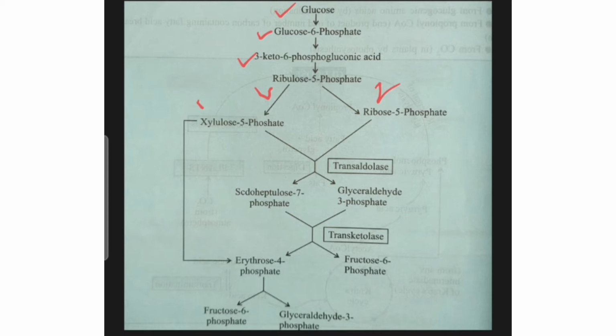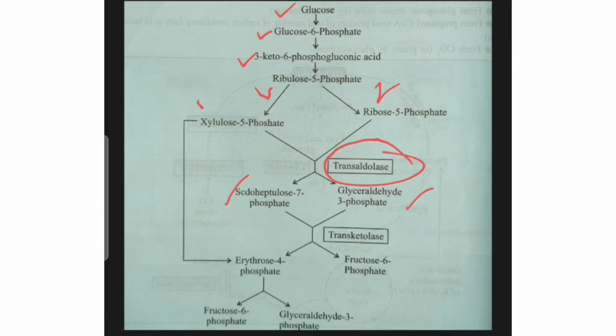They can also be joined together, and with the transaldolase enzyme acting on them, they produce two molecules separately, sedoheptulose 7-phosphate and glyceraldehyde 3-phosphate, two different kinds of compounds.